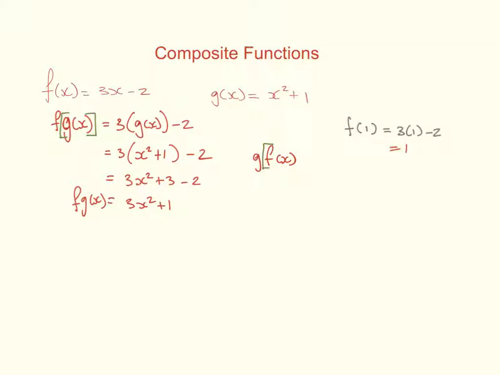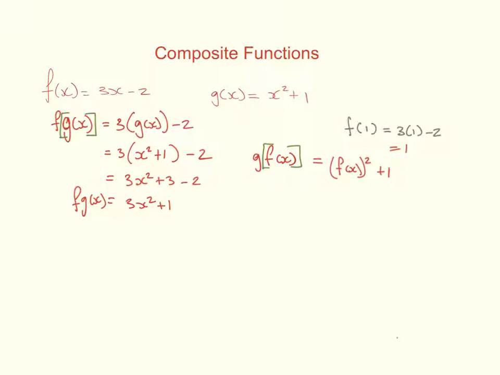So I'm going to put brackets around that. And just the same way we would have taken a number and substituted it into g, we'll take f of x and put that into g. So what we're going to end up having is (f of x) squared plus 1, because it says x squared plus 1, we replace the x with f of x.